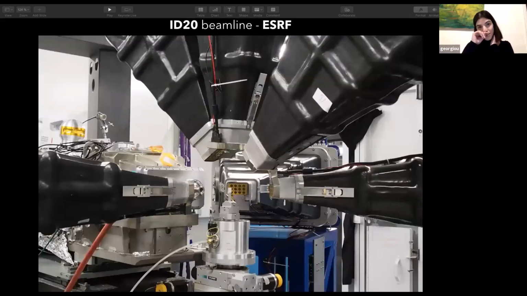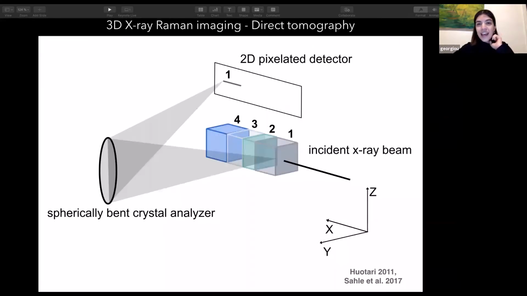So what we did is we took our samples to the ID20 beamline at the ESRF, and we performed the so-called direct tomography, the three-dimensional X-ray Raman imaging based on direct tomography. When we have an incident X-ray interacting with a heterogeneous sample, the X-rays scattered off the sample will fall in a different area in our two-dimensional pixelated detector.